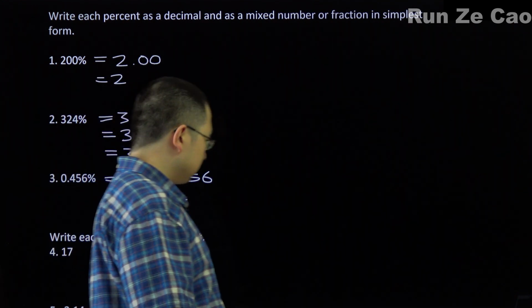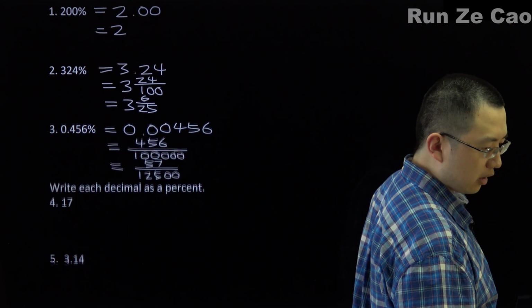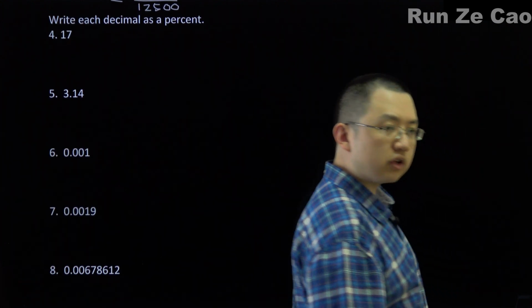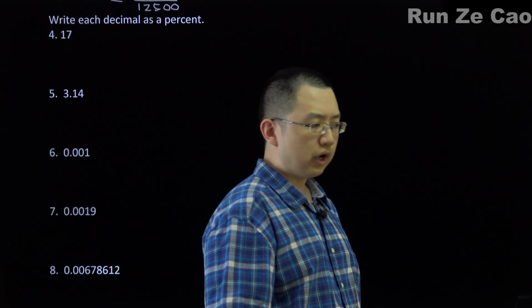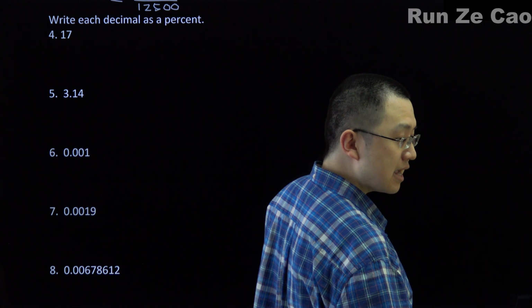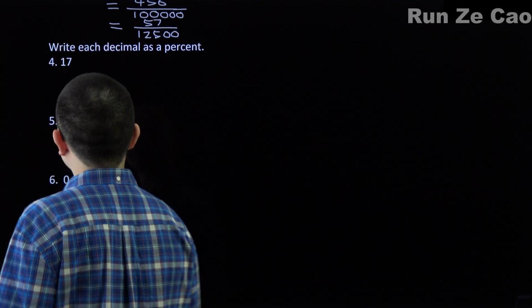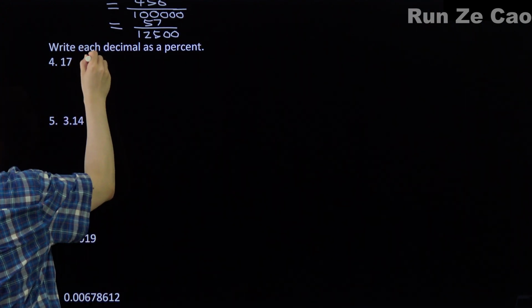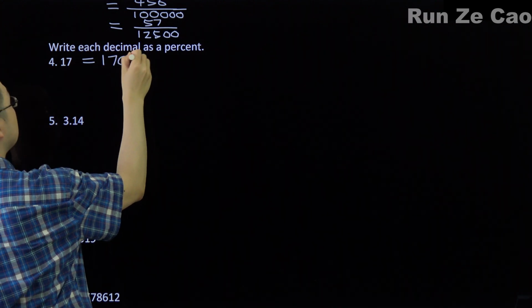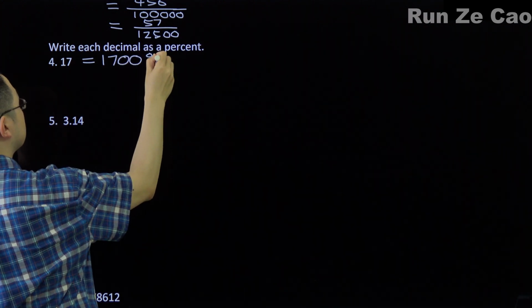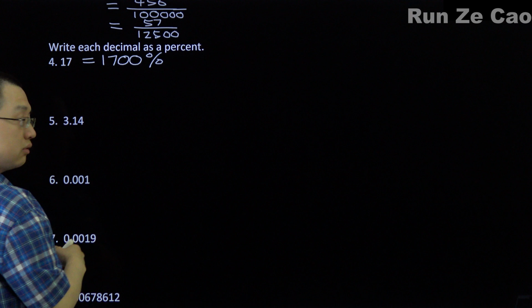So let's say we want to write each of these decimals as a percent. But the first number has no decimal. Well, that's because 17 is a whole number. As a percent, it's equal to 1700%. 3.14?